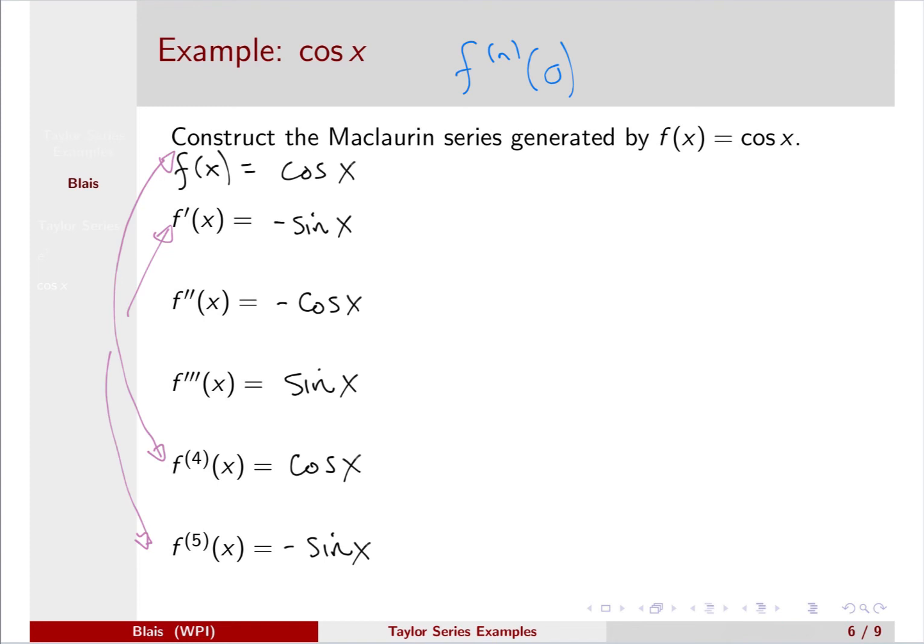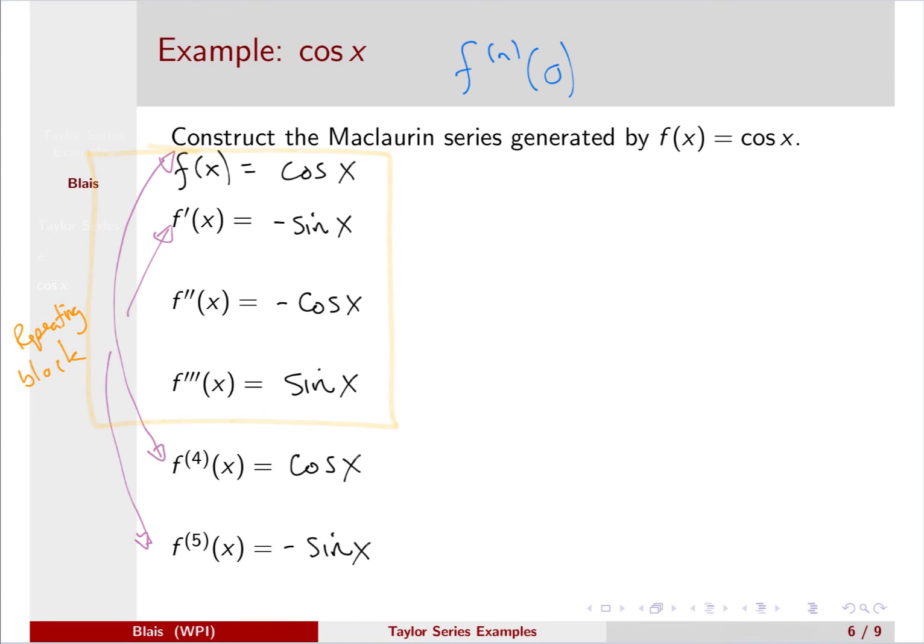The key thing to recognize is that we have a block of 4 that will repeat. So a repeating block. Once we figure out the pattern for these first four, the 0th, 1st, 2nd, and 3rd derivatives, we then know that that block will just repeat.